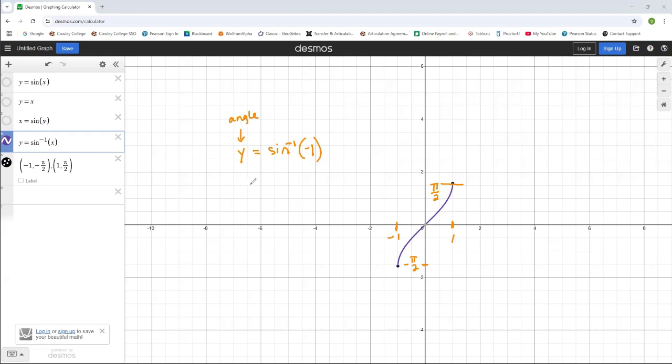Okay, so in this case, y is equal to negative pi over 2. Okay, same goes if we look at this 0, find me the angle whose sine is 0, and then the angle whose sine is 0 is 0 radians.